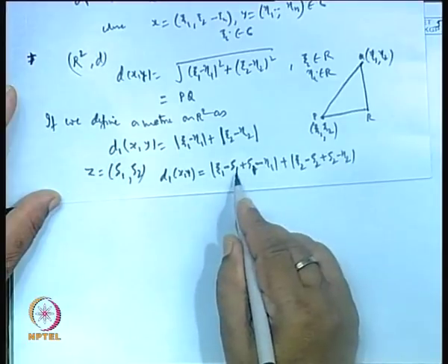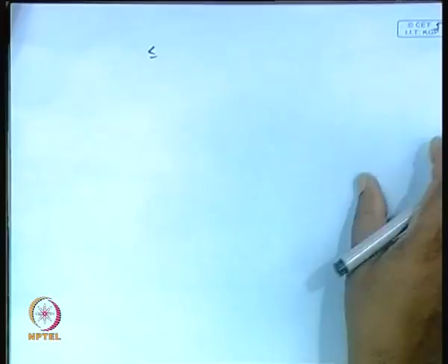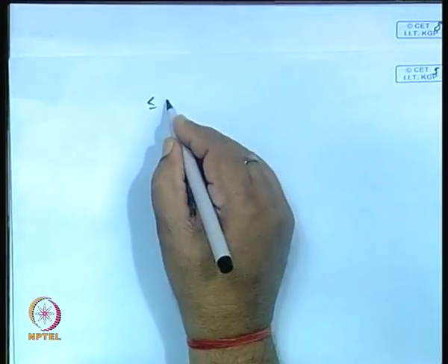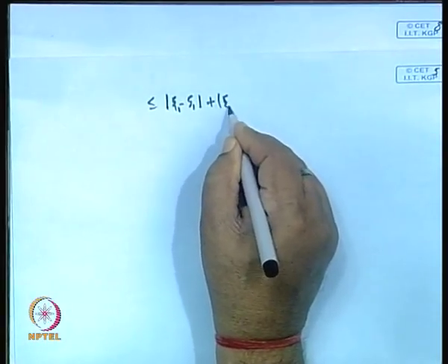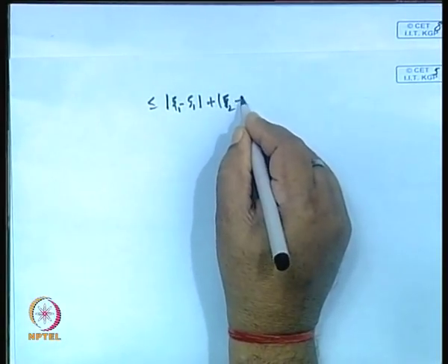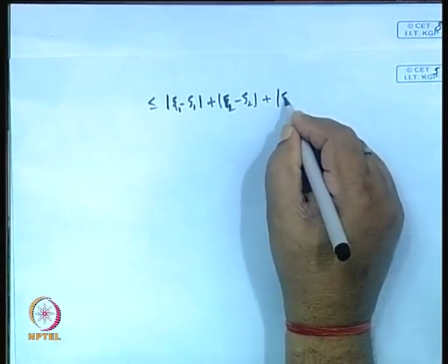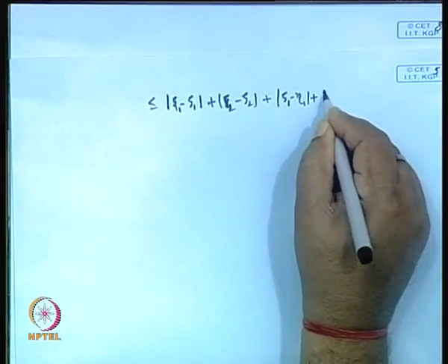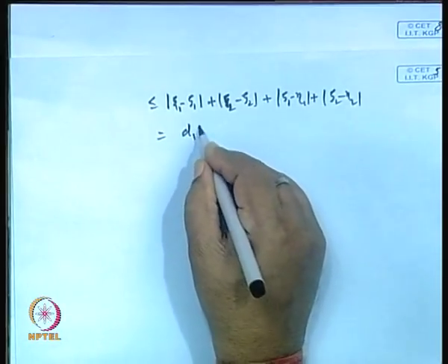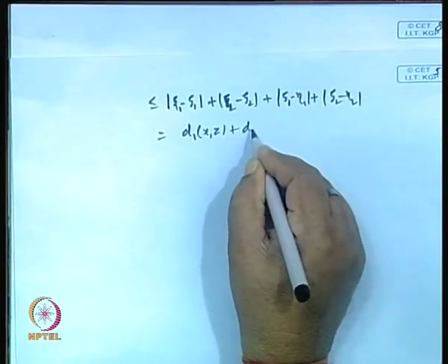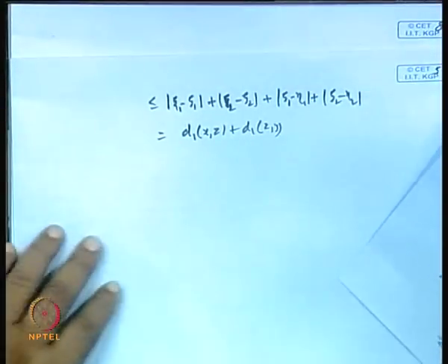So, what we get is this is less than or equal to this plus this, which is less than or equal to |xi1 minus zeta 1| plus |xi2 minus zeta 2| plus |zeta 1 minus eta 1| plus |zeta 2 minus eta 2|, and that is equal to d1(x, z) plus d1(z, y). So, the triangle inequality is satisfied by this.